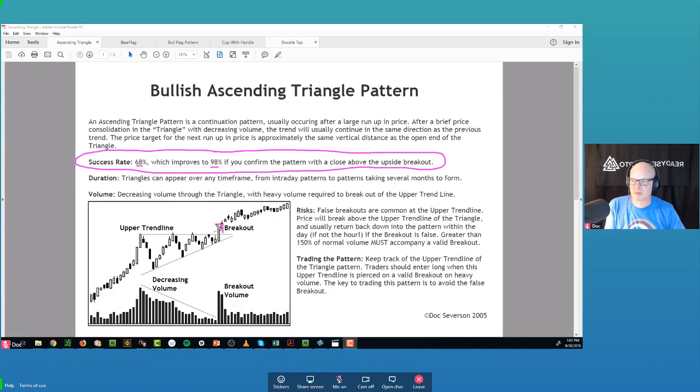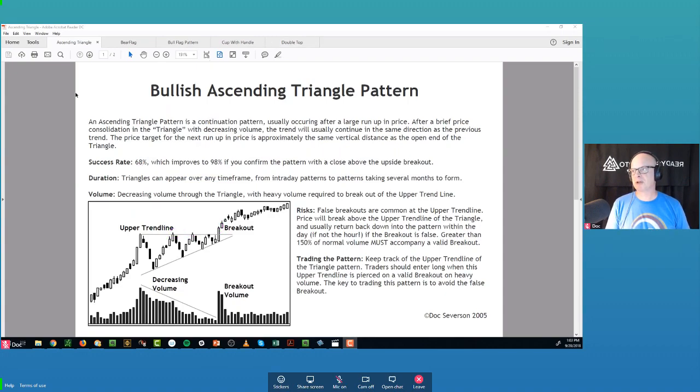If you get a confirmed breakout above that, because with patterns that have a defined breakout level you tend to see it peak above there and then get hauled back in, but 98% of the time it actually closes above that breakout level. There are many that are like this.